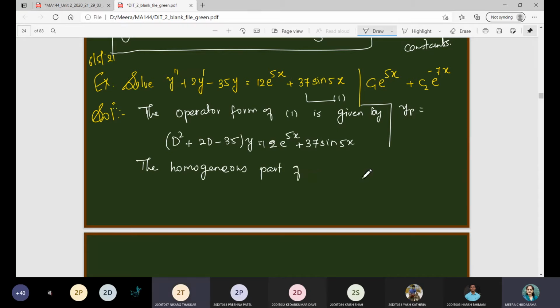Yes, A x e raised to 5x, only that quantity. What about the one corresponding to this function? There is no sin x quantity in the complementary function. Yes, so what will be the choice now?